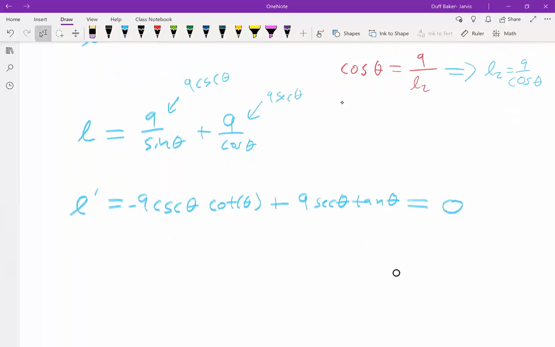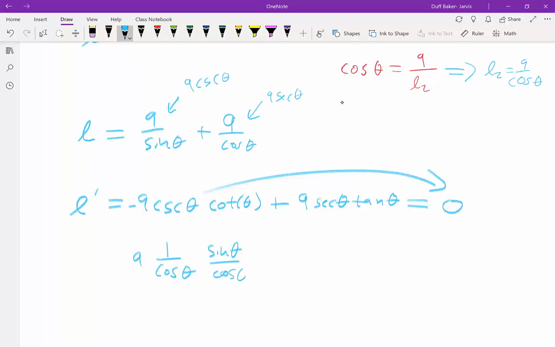So maybe we do a little rearranging. Let's move this term to the other side. So we don't need the plus. And let's write everything in terms of sines and cosines. Secant is 1 over cosine. Cosecant is 1 over sine.